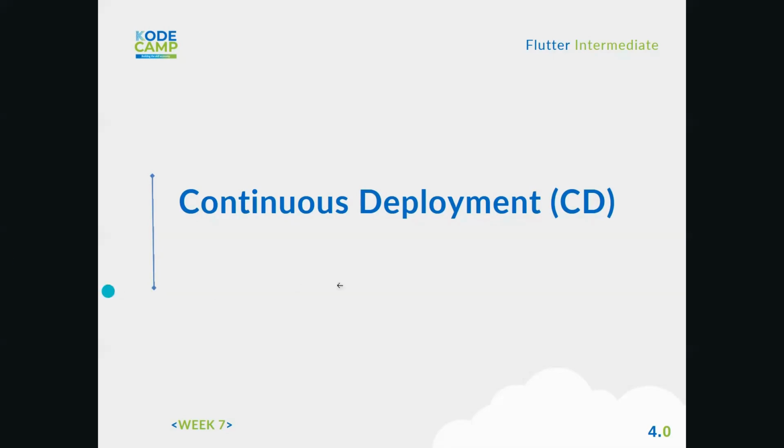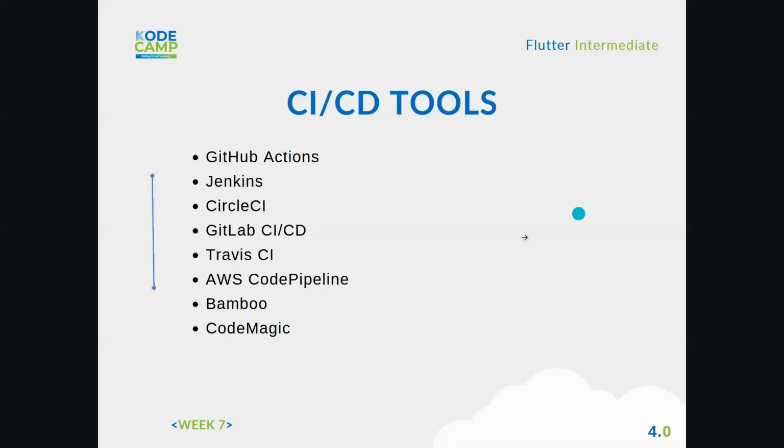So let's look at some tools we can use to get to do this whole CI/CD thing, right? So we have GitHub Actions, we have Jenkins, you have CircleCI, you have GitLab CI/CD, you have Travis CI, you have AWS CodePipeline, you have Bamboo, you have Codemagic. I'm sure you must have heard or maybe even used some of these things, right?